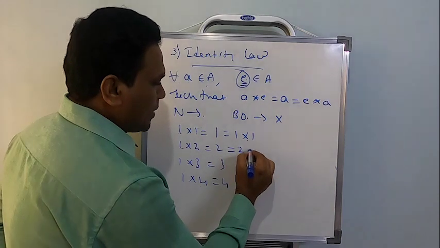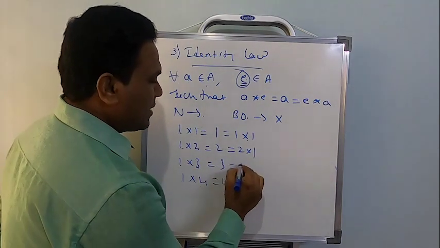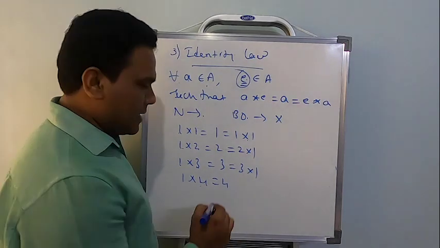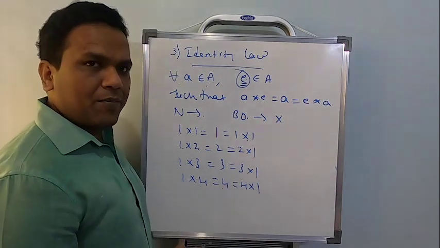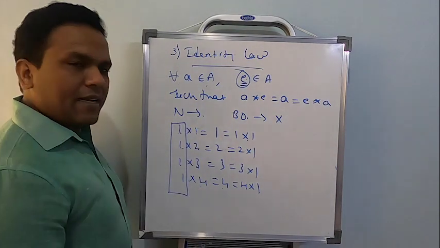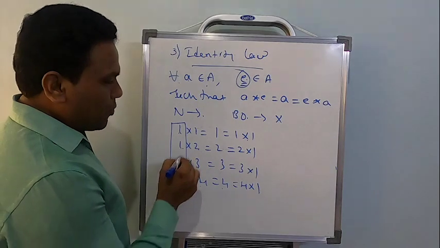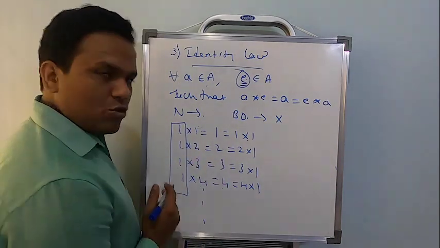But what if I do 2 multiplied by 1? Still it's going to be 2. And what if I multiply 3 multiplied by 1? Still it's the same. Or if I do 4 multiplied by 1, still it's going to be 4 only. Look at that. This particular element, whenever you multiply it with any natural number, you will get back the same natural number.